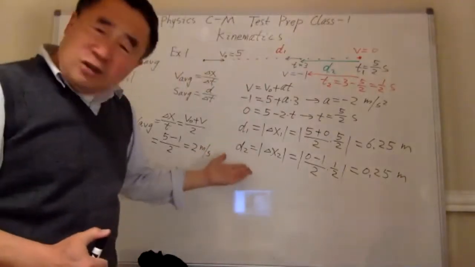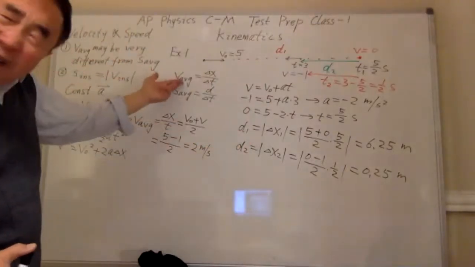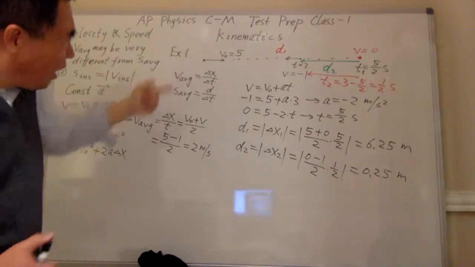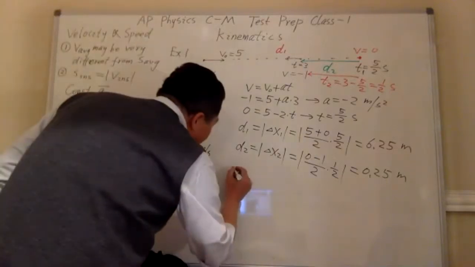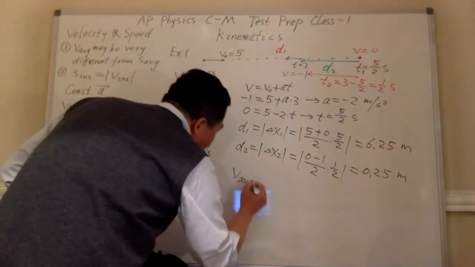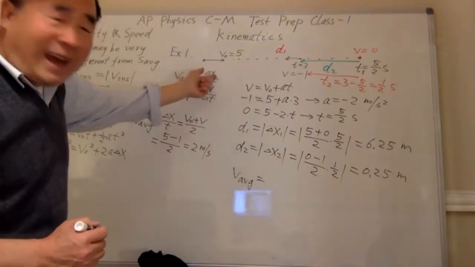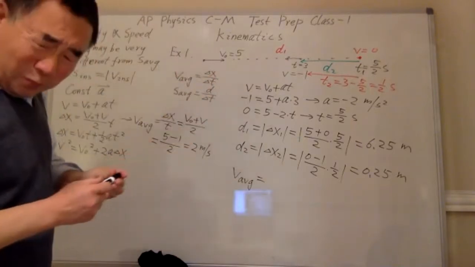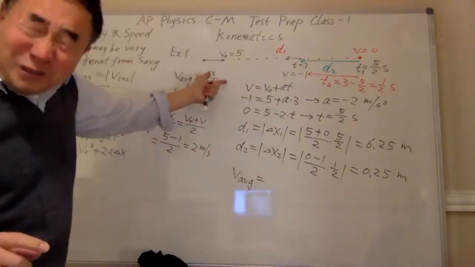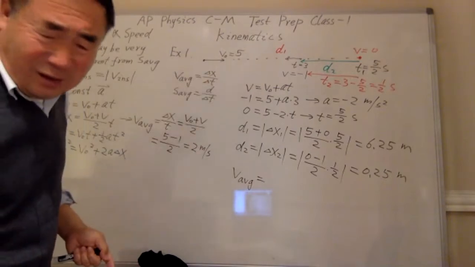So after I make this one, I can manually, just by the definition, calculate what is average velocity. Average velocity, ds, remember, displacement is a vector.